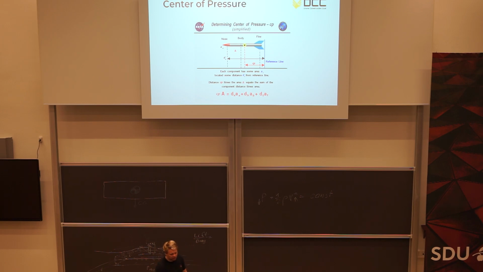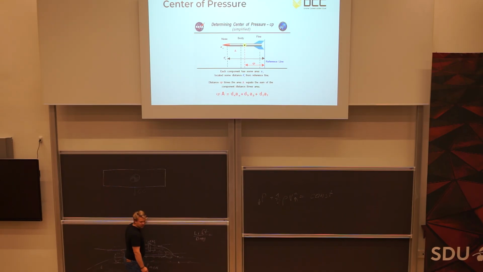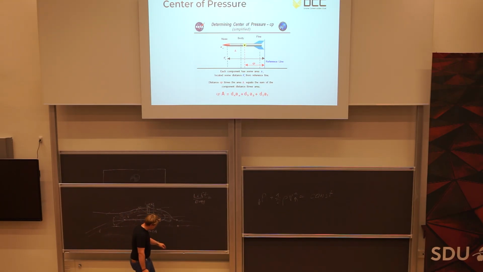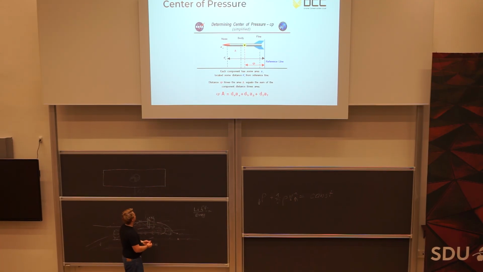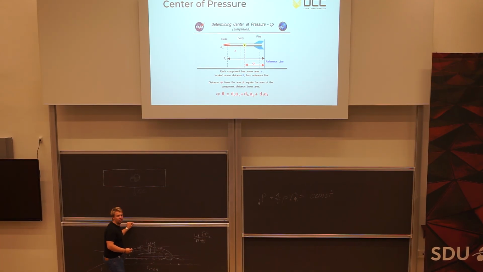Now, the cool thing that you can do with this is you can make a rocket. No. But what you can do is, where's some white chalk? Okay, let's imagine this brick flying through the air.